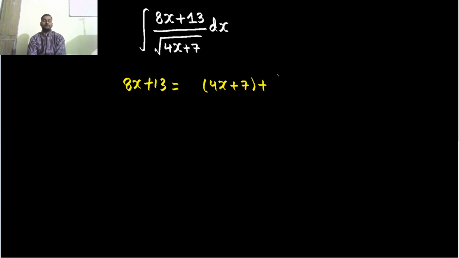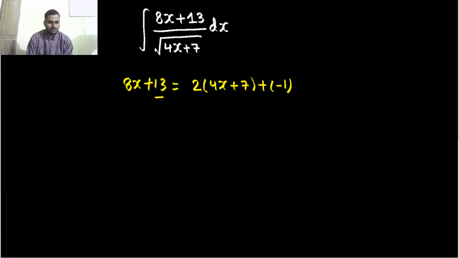Now I have to identify what that is. If you have to make 8x on the right hand side also, just multiply by 2. But doing so, you are converting this 7 into 14. And what you need is 13. What you have right now is 14. So what do I add or subtract so that I get 13? Just a minus 1. There you get. That's how simple it is.